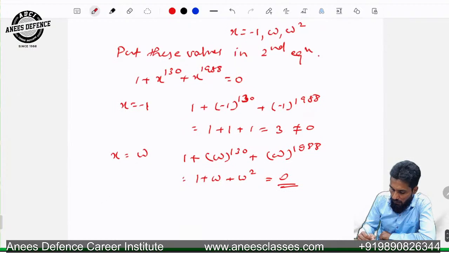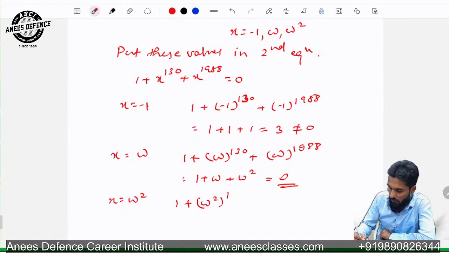Now put the third root, x equal to omega square, in the same equation, that is 1 plus omega square raised to 130 plus again omega square raised to 1988. So 1 plus, first you multiply 2 into 130, you will get 260.